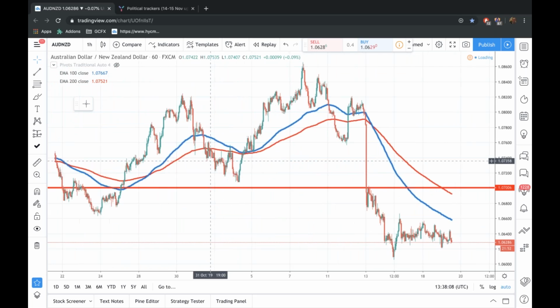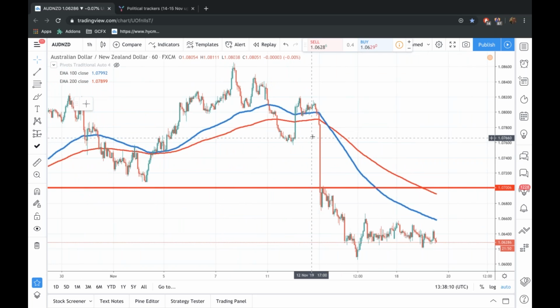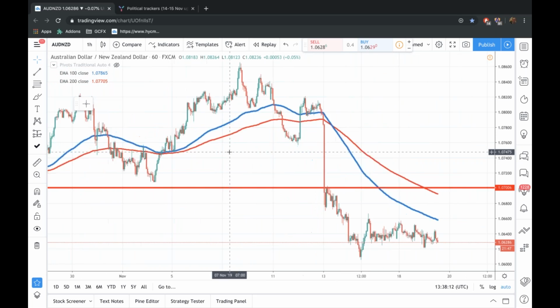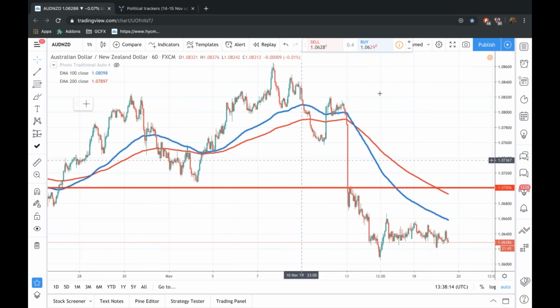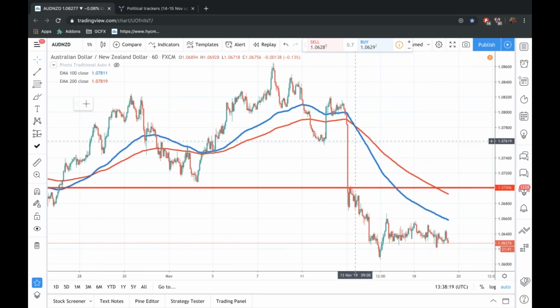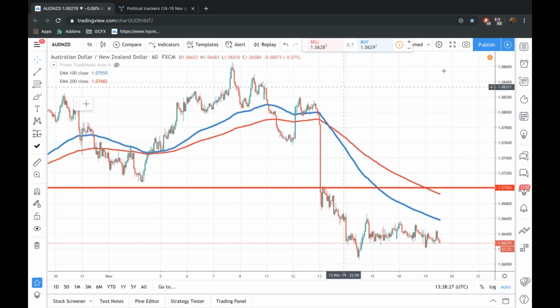I remember I was flying at the time last week, and that was a real big unexpected move. I was speaking to one of the guys in the forum who was long going into this event and quickly exited, stopped and reversed, and was able to take a little bit of a chunk out of that upside move in the New Zealand dollar.